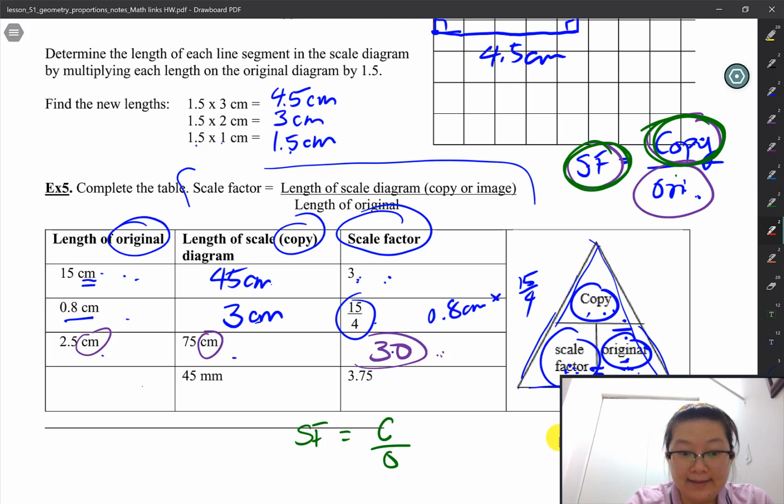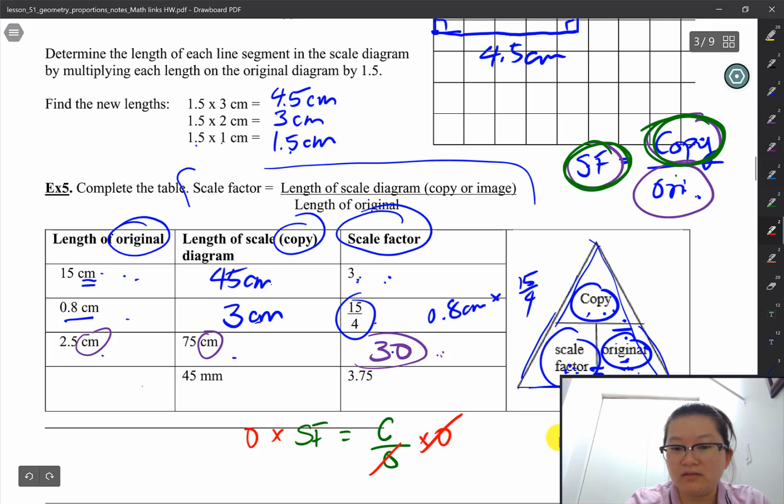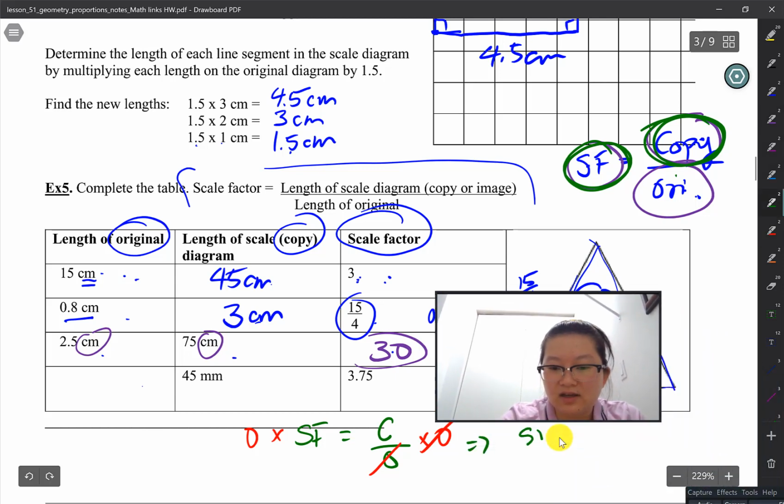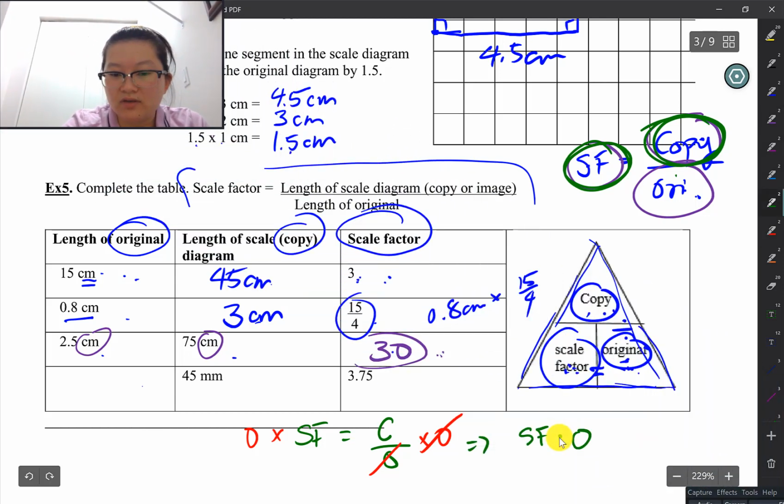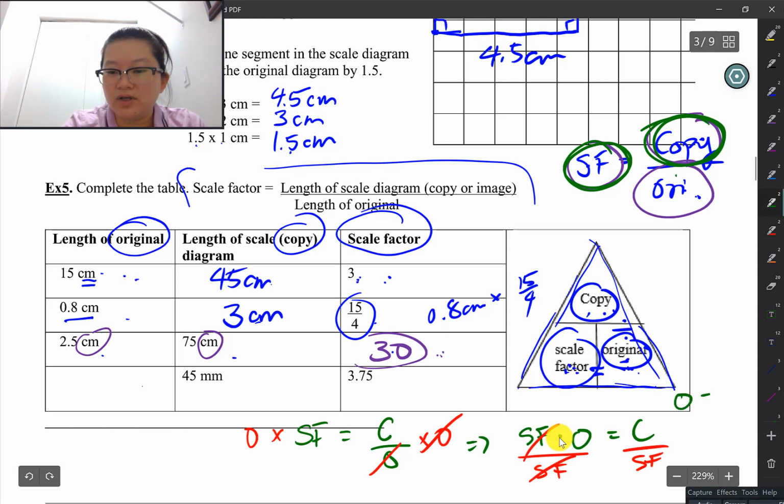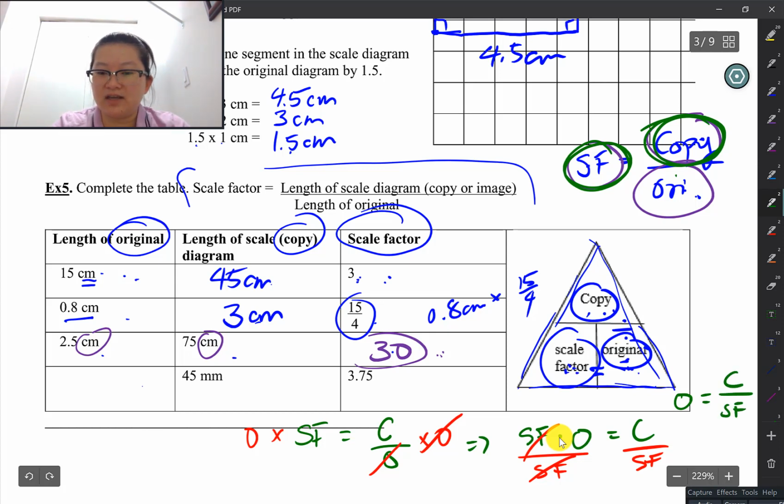So what do I want? Original onto one side of the equation. To the top, I multiply both sides by my original. I get SF times O is equal to my copy. Okay, this is SF times O gives me copy. Then I divide both sides by my scale factor to give me my original is equal to copy over SF, which is my scale factor.